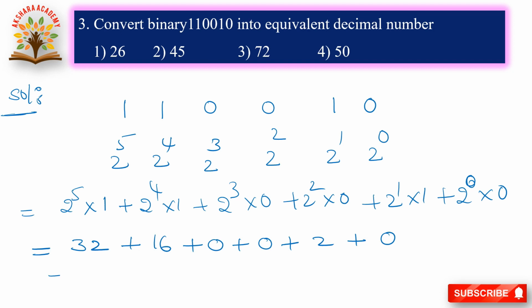So that is equal to 32 plus 16 plus 2, which is 50. Therefore 110010 base 2 is equal to 50 base 10. Okay, next we will go to the next question.